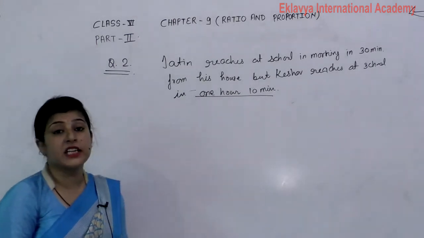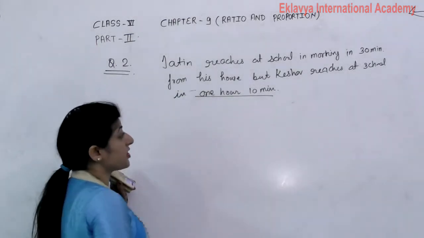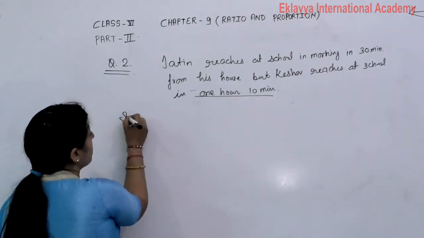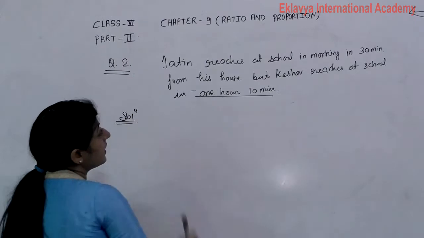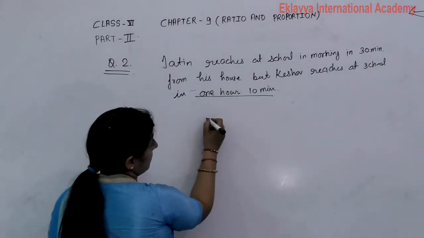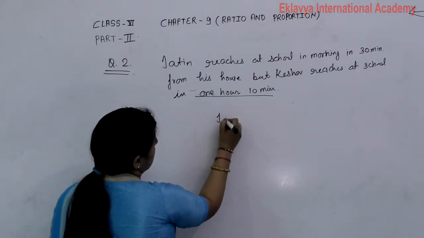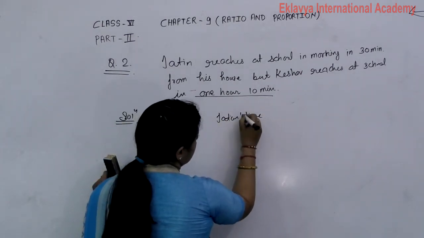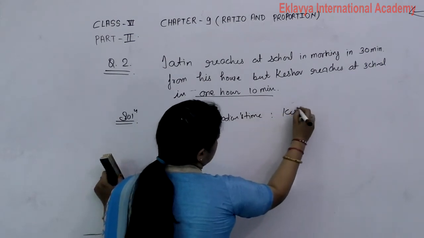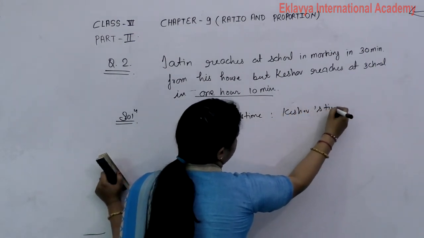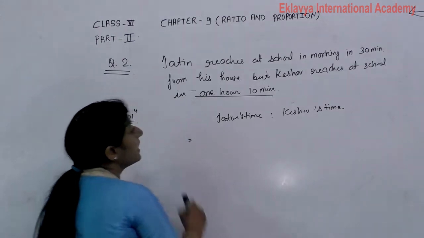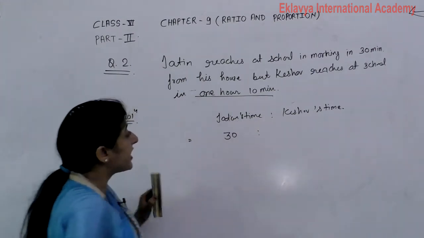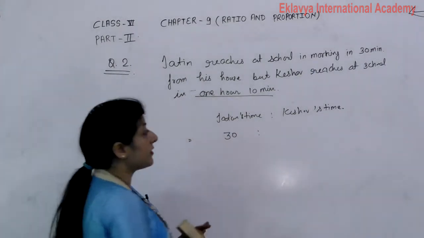We want to take the ratio of Jatin's time and Keshav's time when they reach the school. Jatin is taking 30 minutes, Keshav is taking 1 hour 10 minutes.